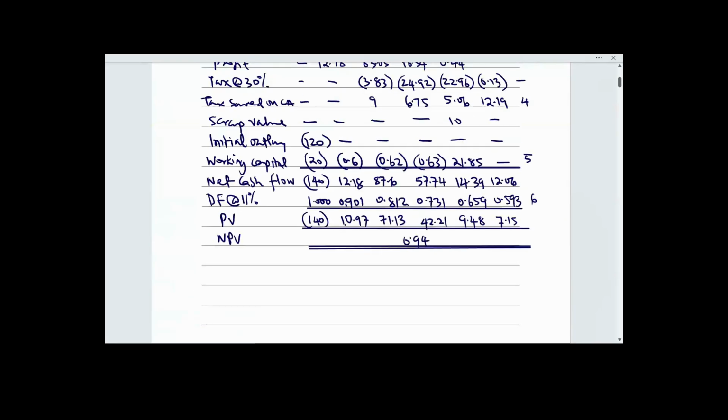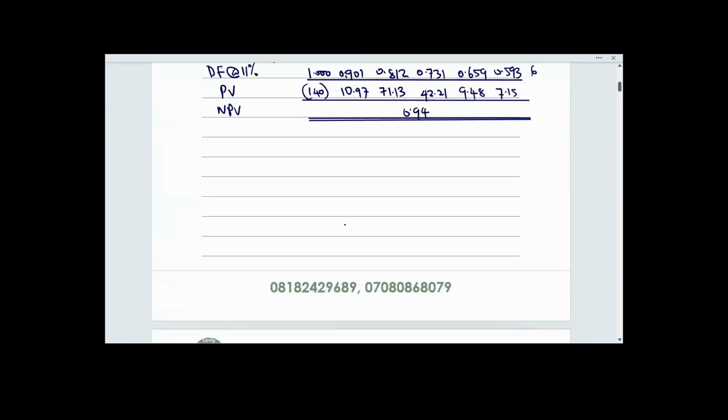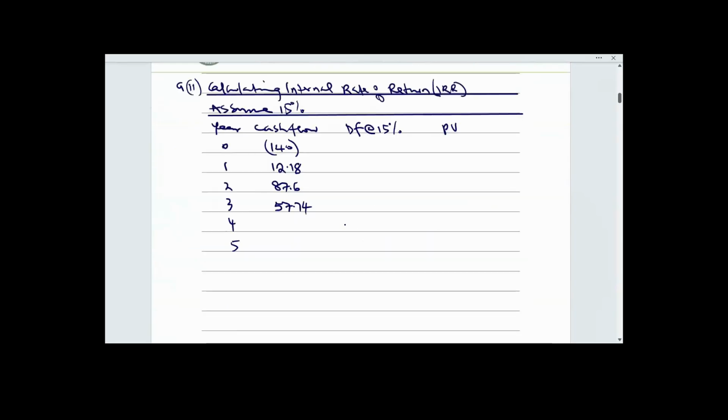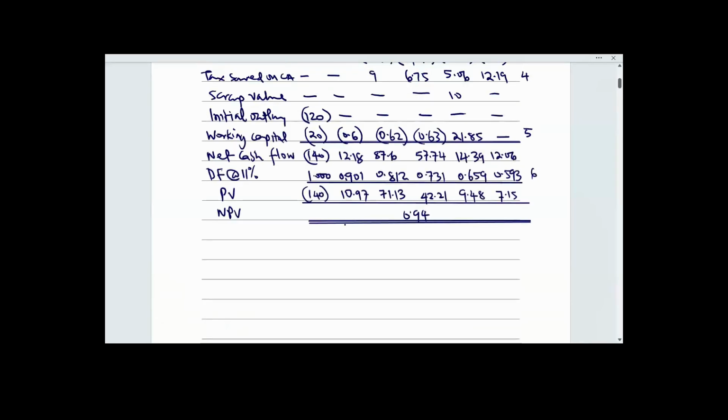Then the net cash flow for year 3 is 57.74. Then in year 4, 14.34. Then year 5, 12.06 is the net cash flow.